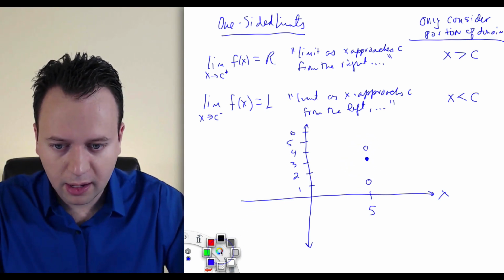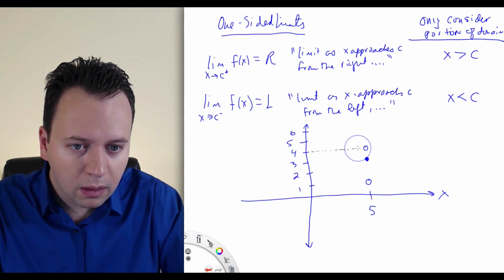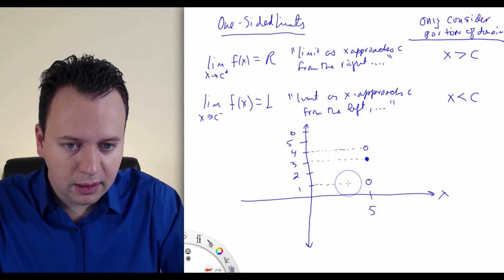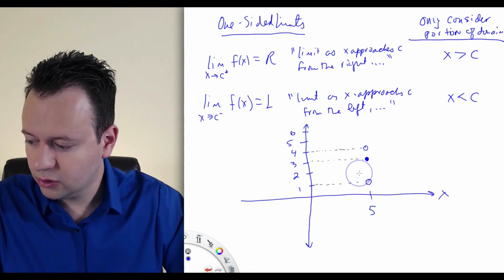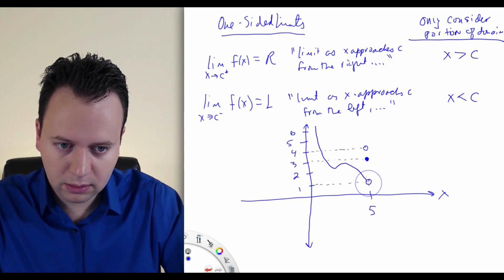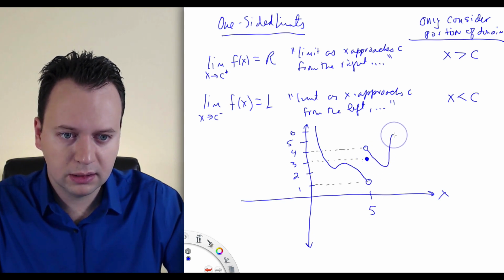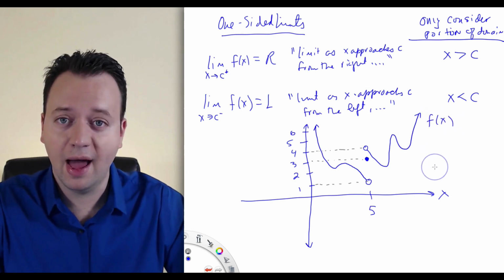And let's draw a few grids so we can see what's happening. So the function looks like this. So something like that. And then the function does this, like that. So this is what the function f of x looks like.